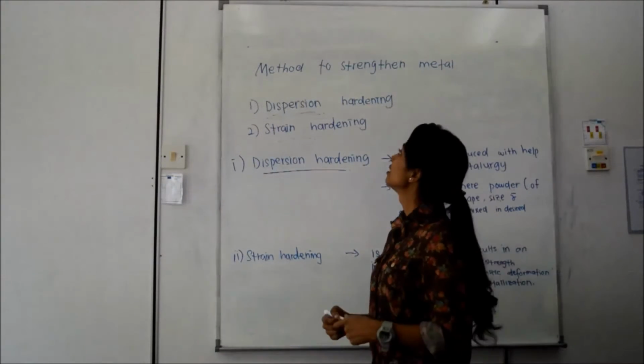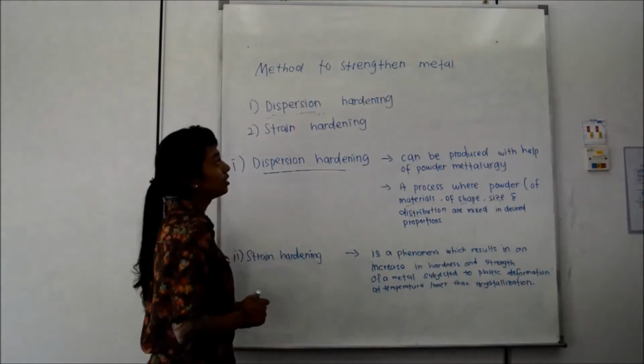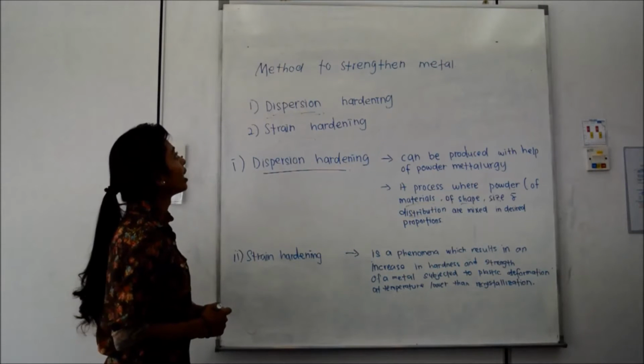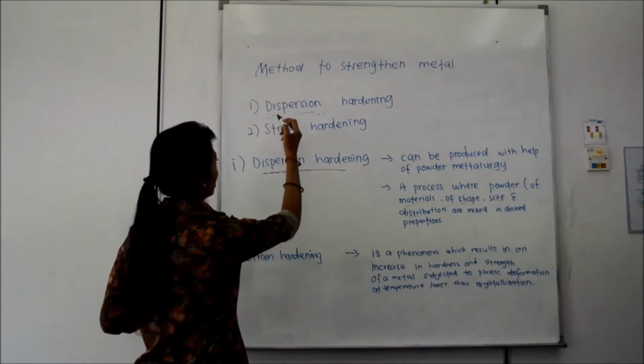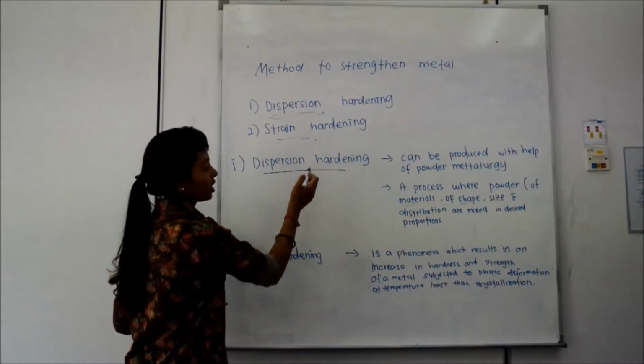Okay, let us go for the method to strengthen the metal. I will explain another two methods, which are first dispersion hardening and strain hardening.